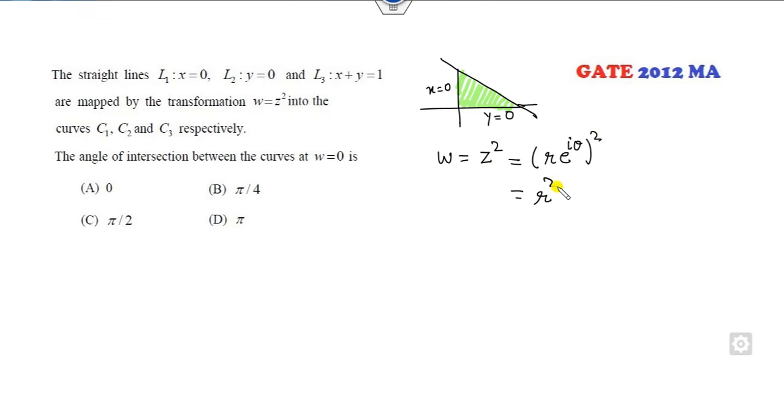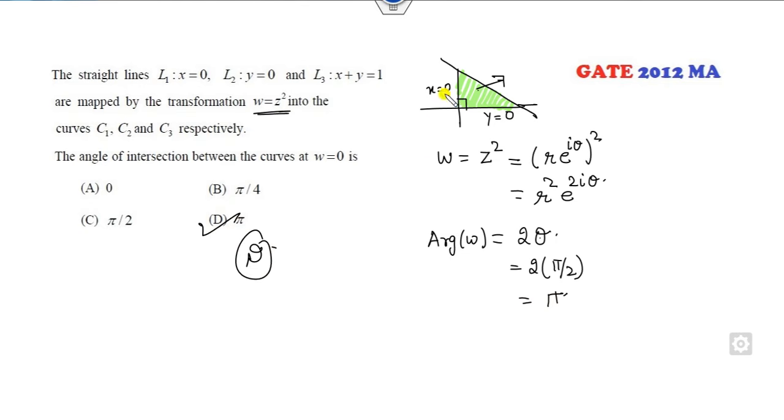So r squared e raised to power 2 i theta. What is the argument of this transformation? It is 2 theta, where theta is the argument of this z. What is the angle of this? It is 90 degrees. So if I substitute here, pi is the right answer.